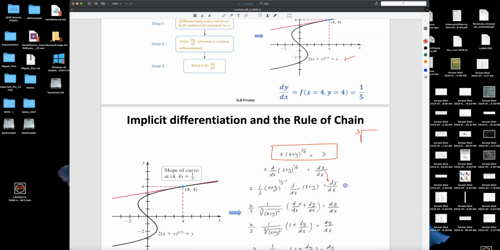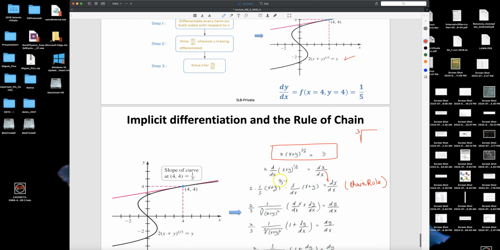So in this step, I apply the chain rule, the one that we developed and detailed in the previous video.